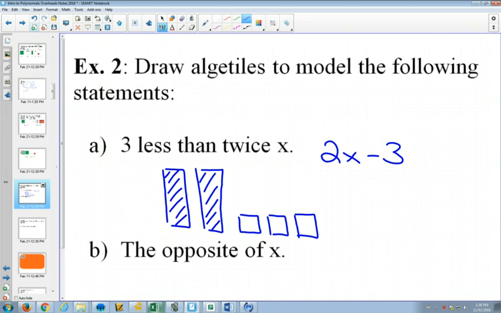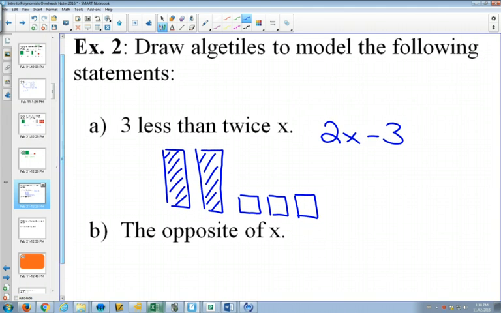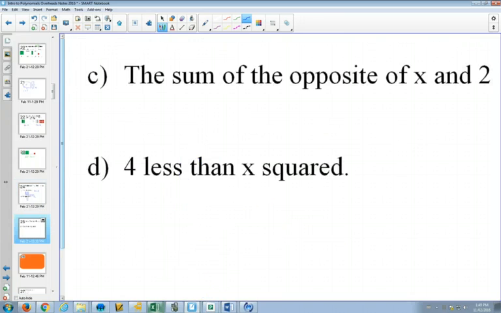What would it look like to be the opposite of x? A negative x. So the word opposite, so we just need to make a skinny one, but keep it not shaded, to be a negative x. So the sum of the opposite of x and 2.